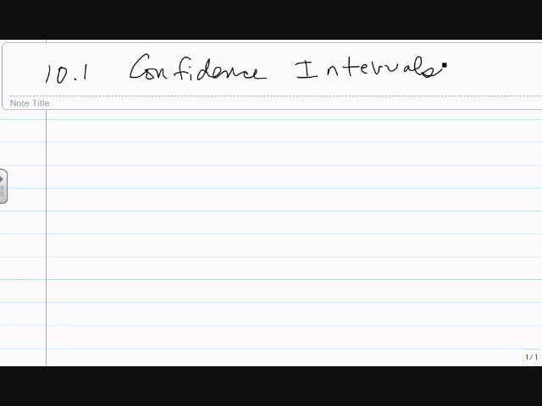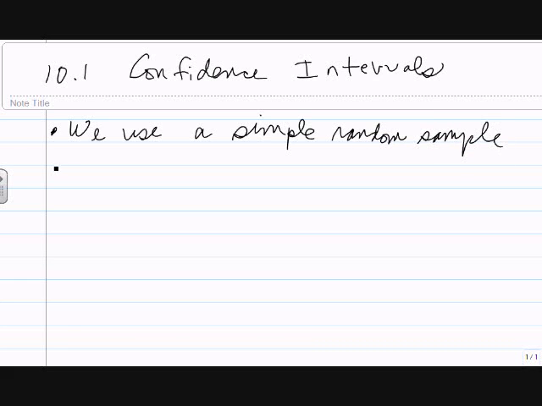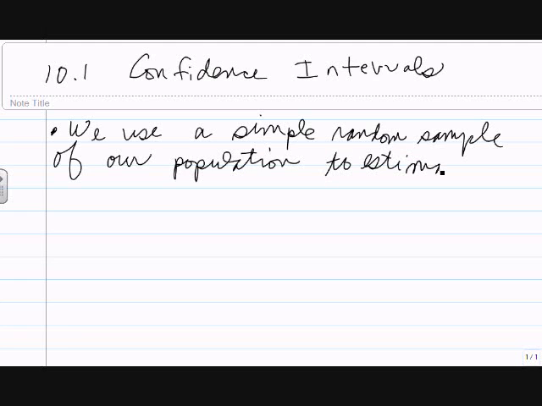All right, so we use a sample, and we'd like a simple random sample or something as good as a simple random sample, from our population to estimate information about our population.